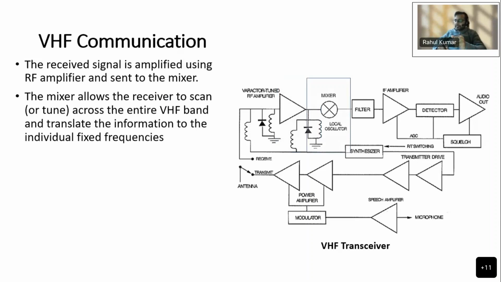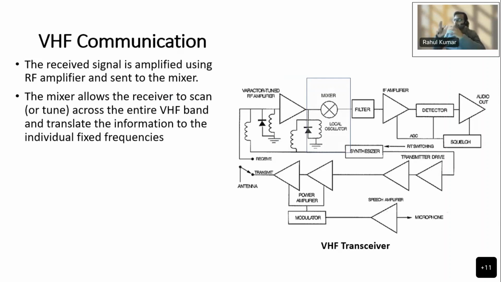So this mixer allows the receiver to scan or tune across the entire VHF band and translate the information to the individual fixed frequencies. Okay, so remember, we are transmitting multiple information at different frequencies within the VHF band.